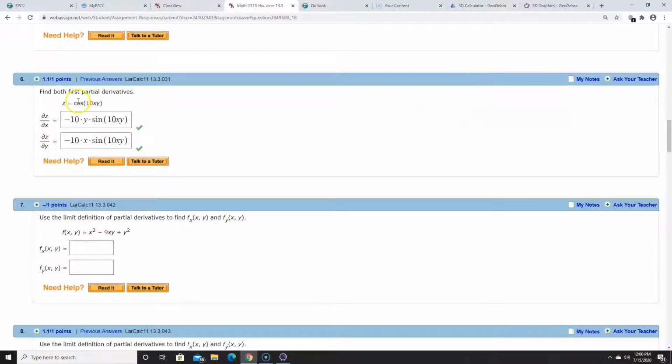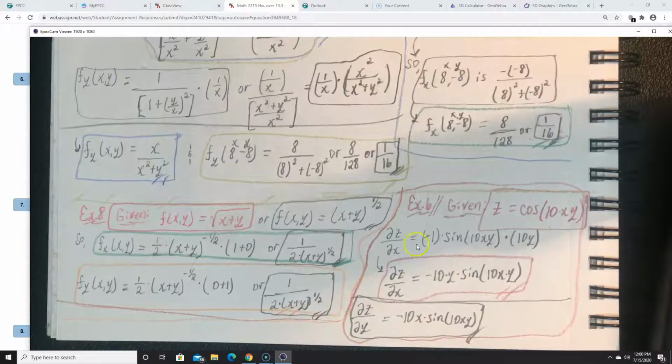How do we differentiate cosine of an inner expression? The derivative of cosine of an inner expression is always negative 1. Oh, I think I have it written down here. Number 6.